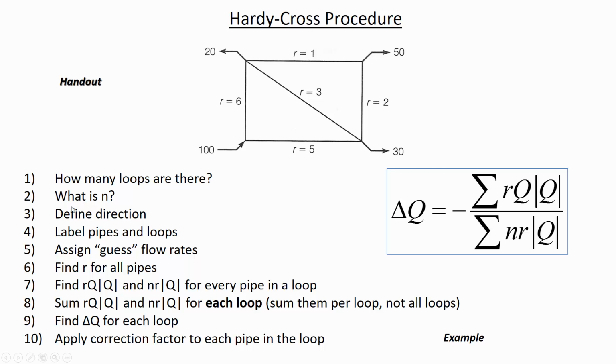friction. Now, under step 3, define direction, we have to assume some positive direction for flow, and we're going to say that clockwise is positive. So when water is going, let's see, here's our loop. If water is going this way for flow, I'm going to call that a positive flow rate.